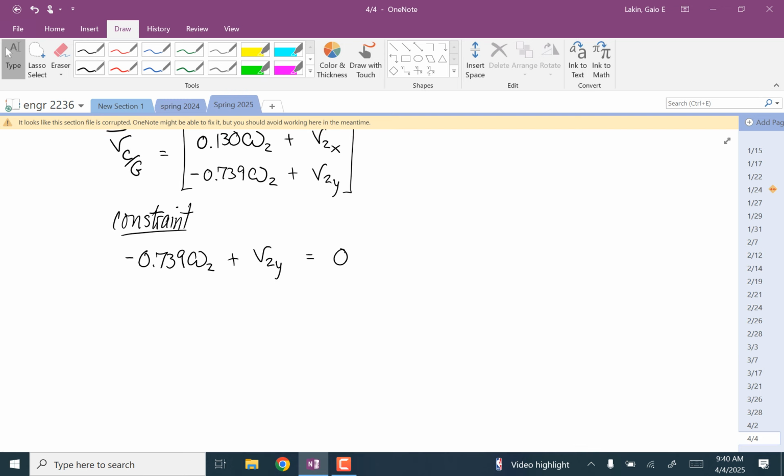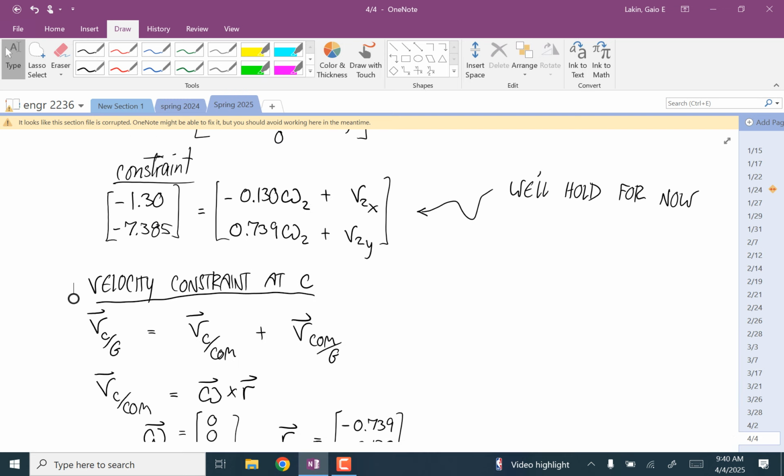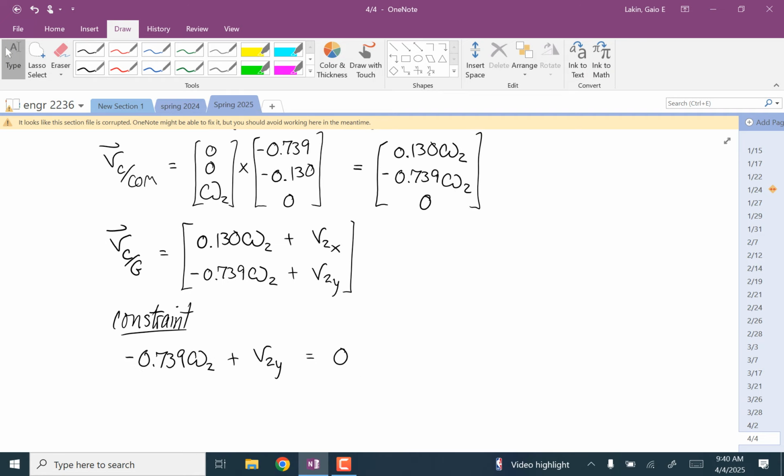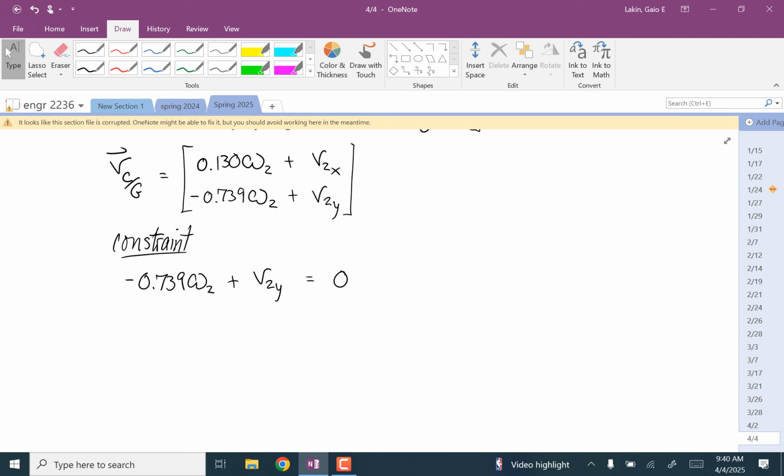And so now we have a system. Notice that this isn't the cleanest system of equations, but we have two equations there, one equation there, three equations for three variables, and we can solve it.